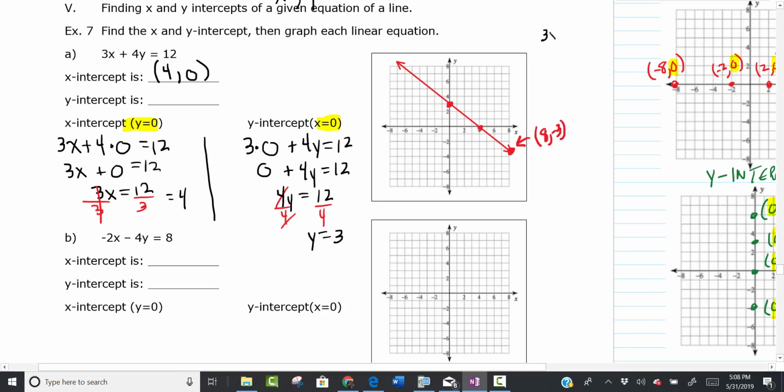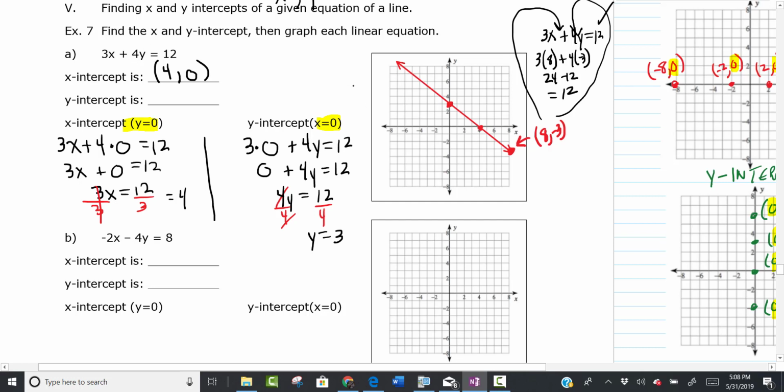If you have the equation 3x plus 4y equals 12, and you plug 8 in for x and -3 in for y, you have 3 times 8 plus 4 times -3. That's 24 minus 12, which is equal to 12. So see, it checks out. Any point on this line, and there's an infinite number of points, should check in that equation.